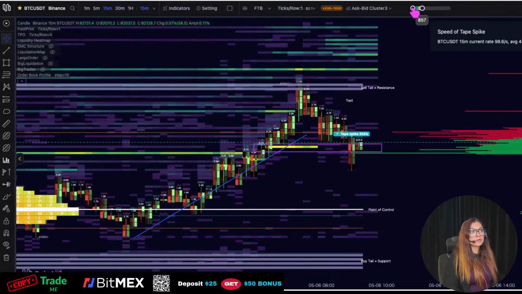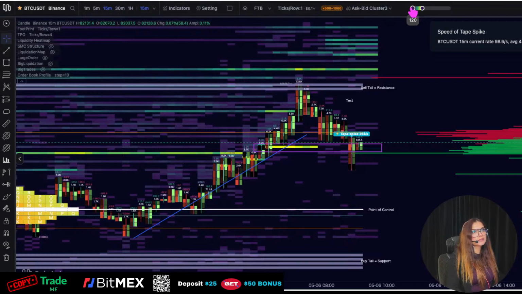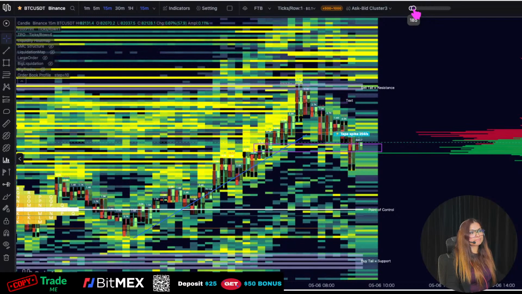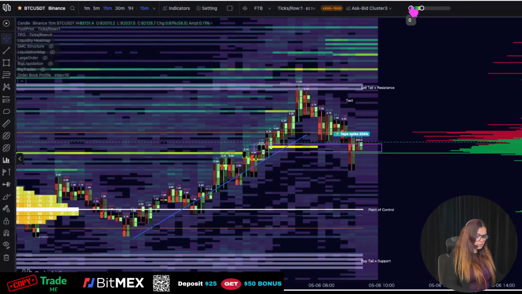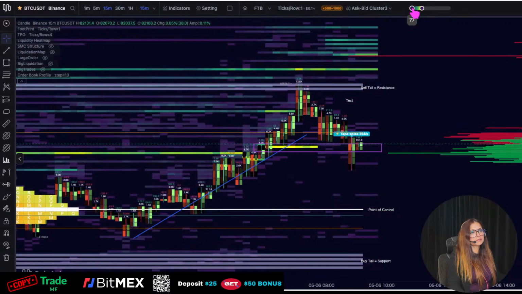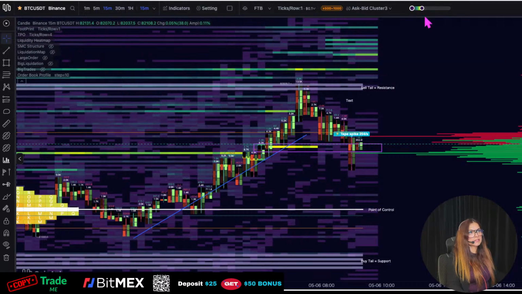You can adjust it to how much volume or liquidity you would like to see. If you put it to all, then it gets really busy and you can't see anything. What I like to do is put it to like 100, or I play around with it. It doesn't matter. I just want to see where liquidity is sitting.